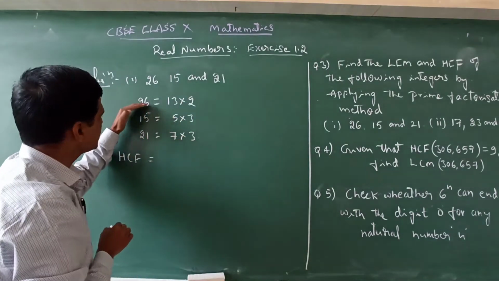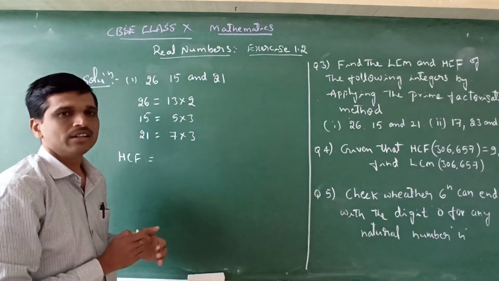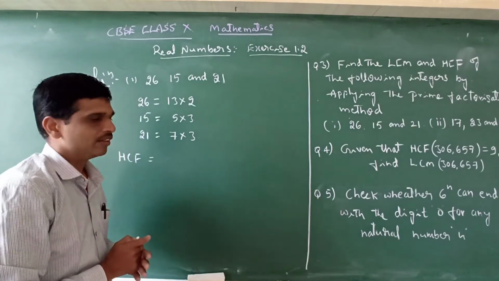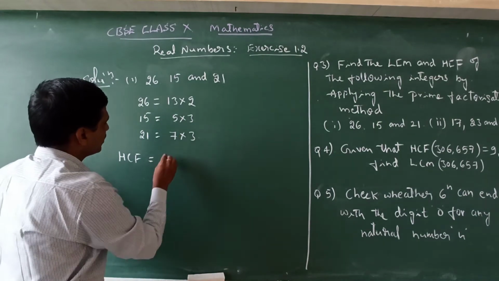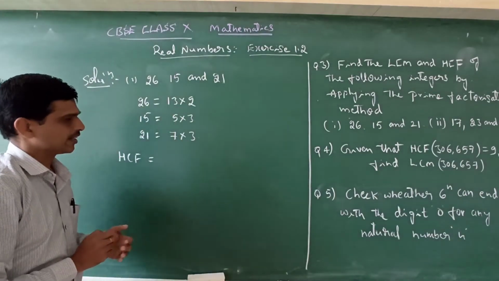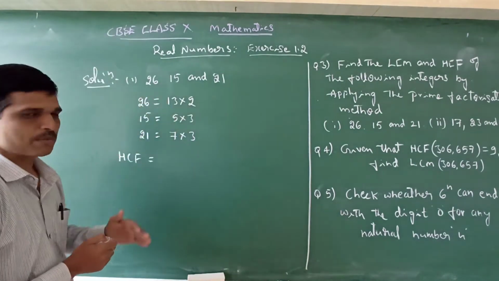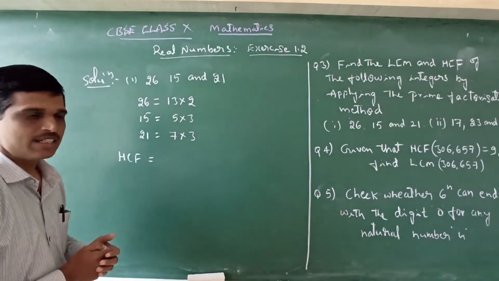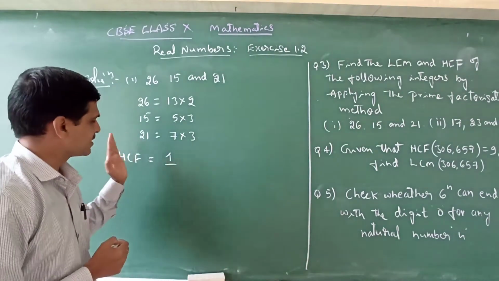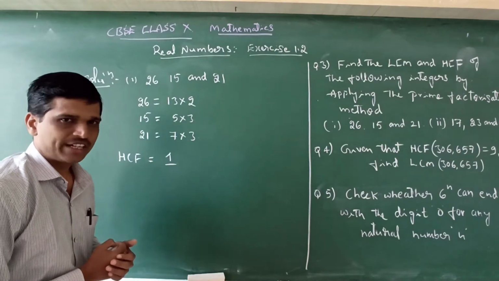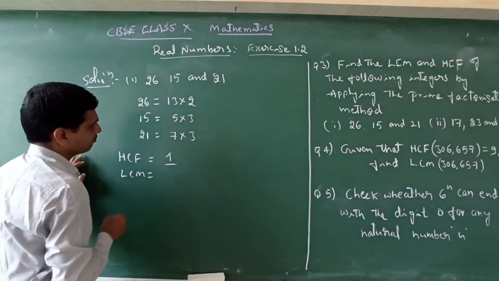Otherwise, you can express these numbers into different factors also, the order may change, by using the fundamental theorem of arithmetic. So there is no common prime factor in the given numbers, so at least 1 is the HCF of the given positive integers. HCF becomes 1.